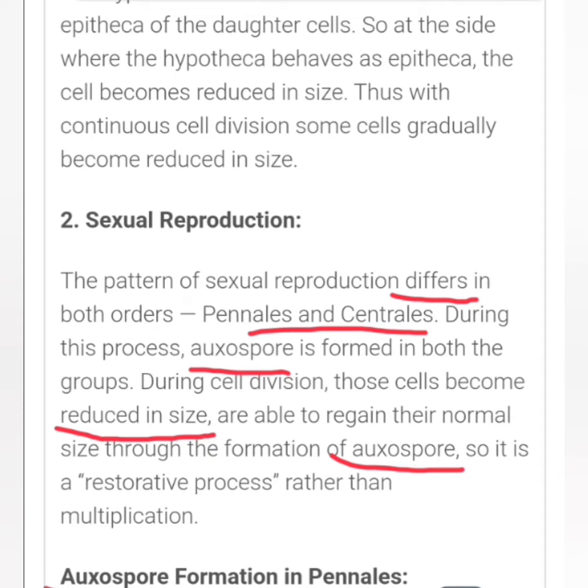So just remember that it is known as a restorative process rather than multiplication. Why? Because during cell division, the cell becomes reduced in size.